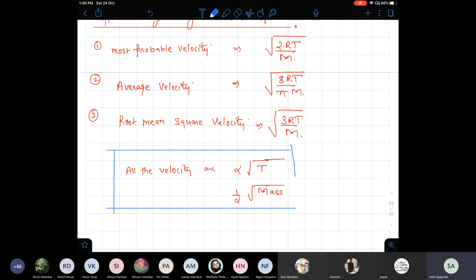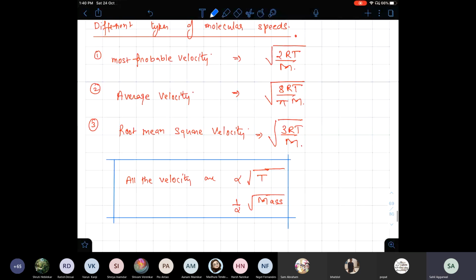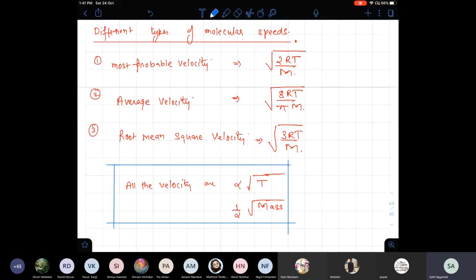Which of the following will have maximum magnitude? Which one is bigger?